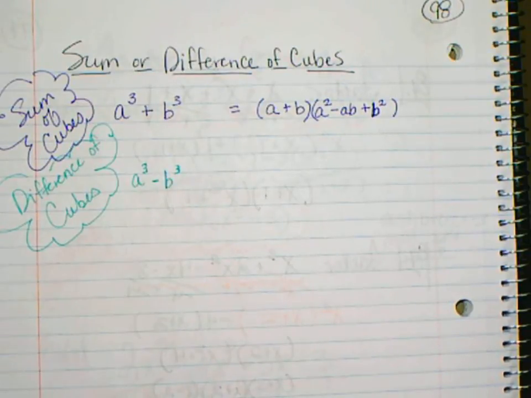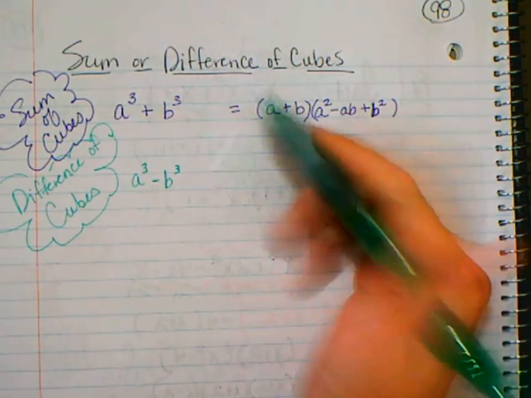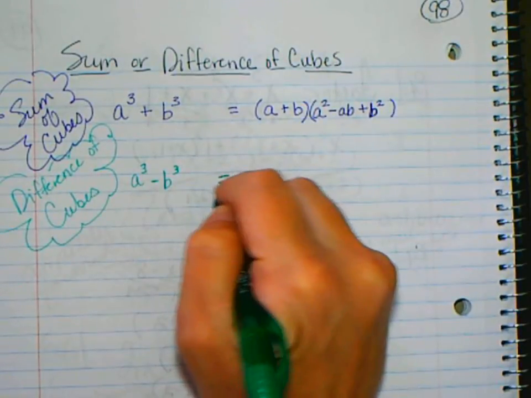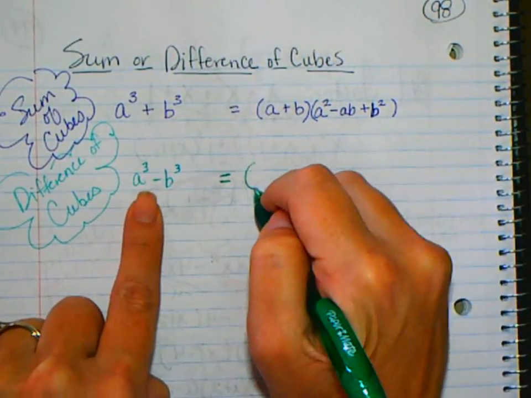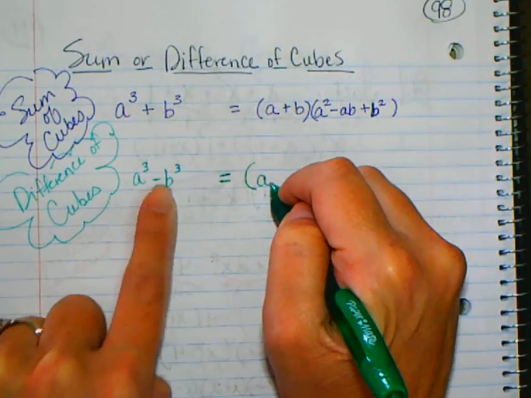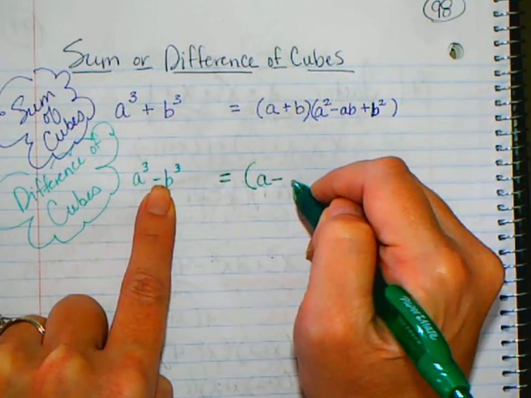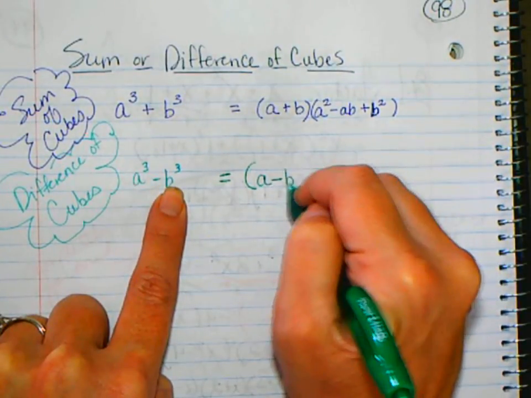So when you go to factor it, same thing. You're just going to follow the pattern. All right? So the pattern is, you take the cube root of the first term. So in this case, that would be a. You minus the cube root of the second term, so b.